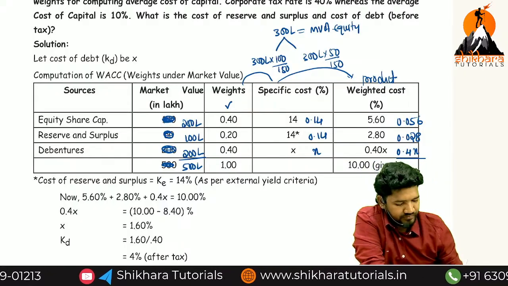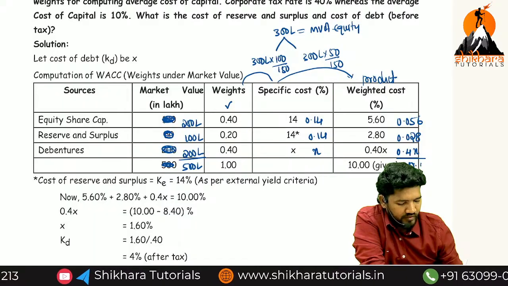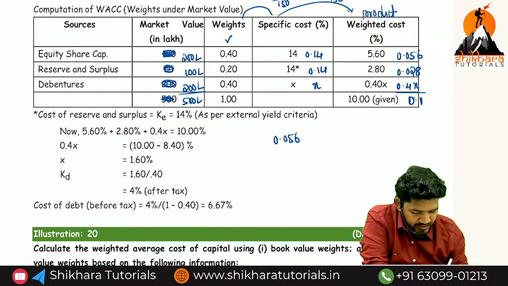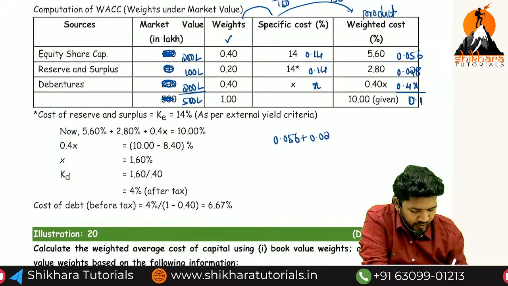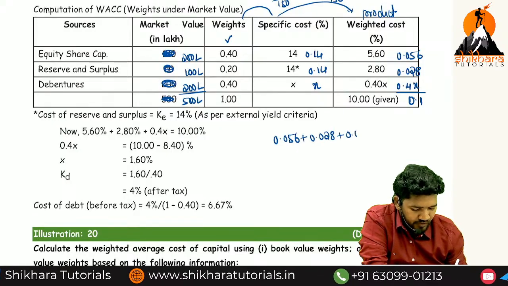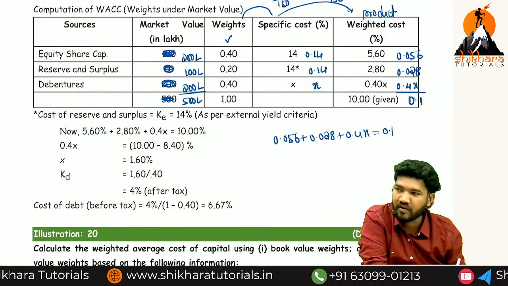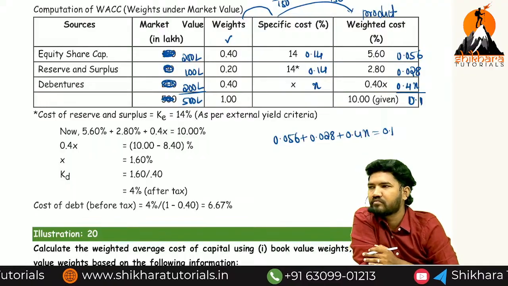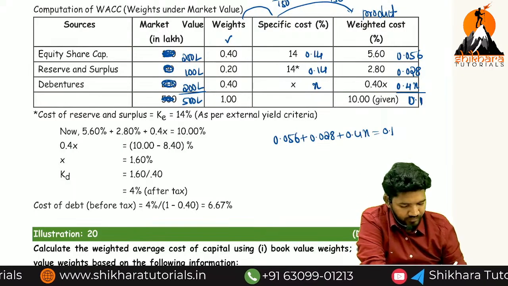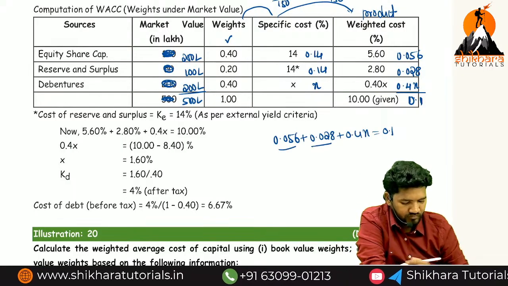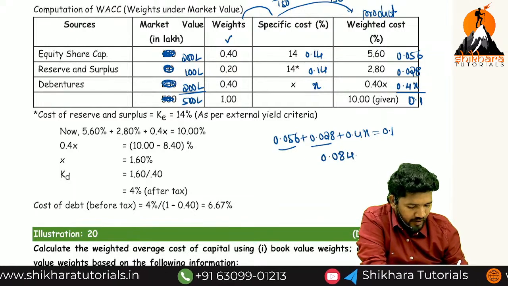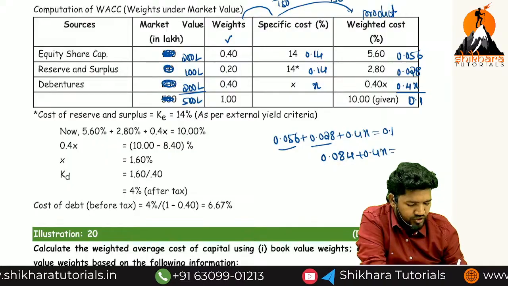How much? 0.1. Now see the common sense. 0.056 plus 0.028 plus 0.4x equals 0.1. The sum of all products is nothing but K0, na? Yes or no, sir? Now sum these two. 0.084 plus 0.4x equals 0.1.